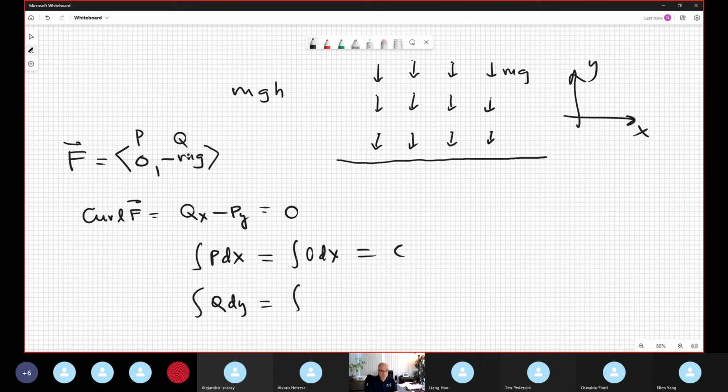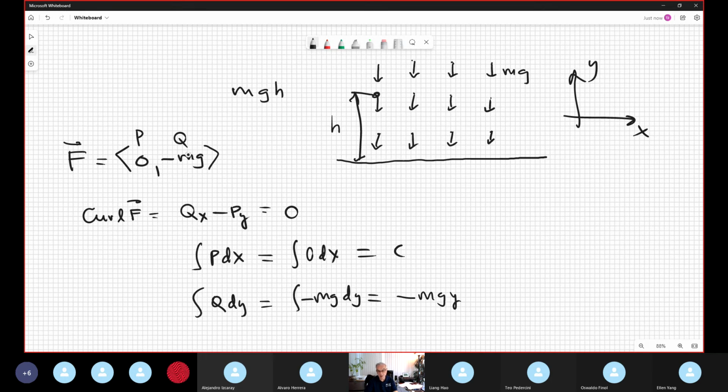However, when you integrate Q, which is minus mg dy, between, I don't know, 0 to h, well, not necessary. The antiderivative, not a definite integral, is obviously minus mgy, no? And y is the height at any point. In physics, the professor doesn't call it y, but h. And this is the potential energy at this point.